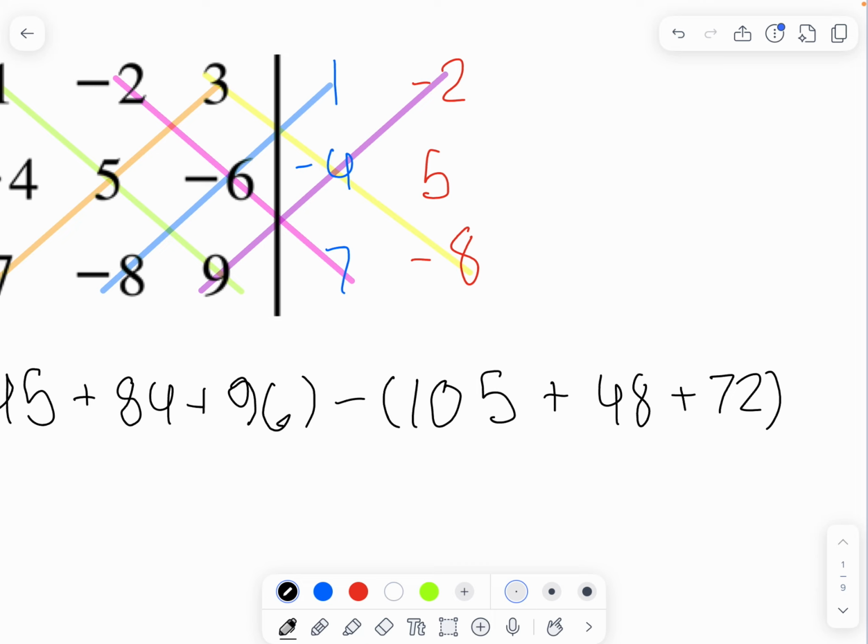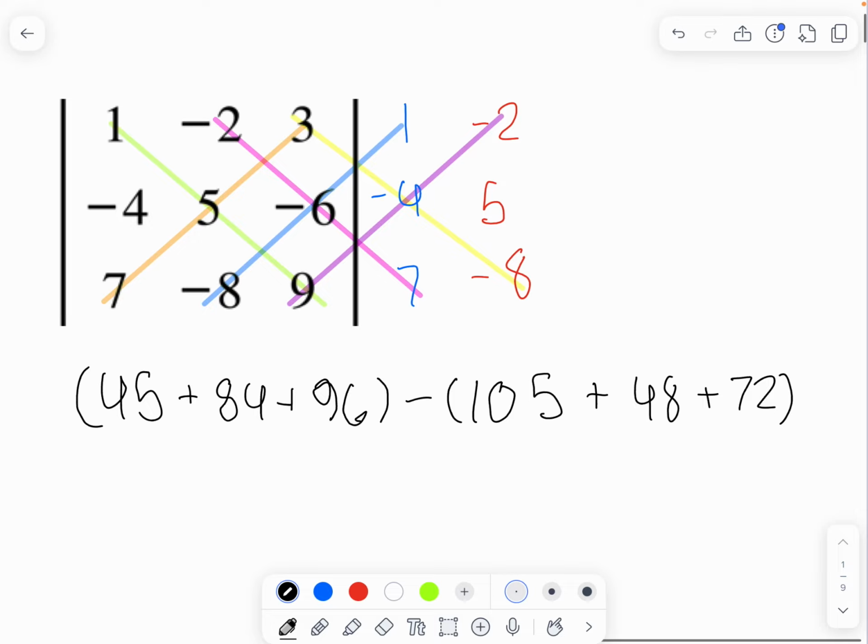So I'm just going to fact check this really quick on my calculator. Give me 1 second.